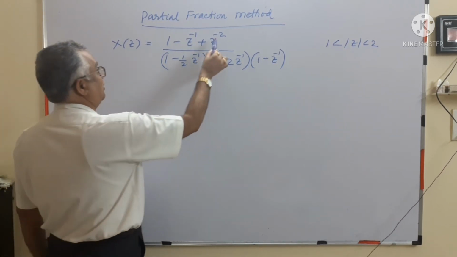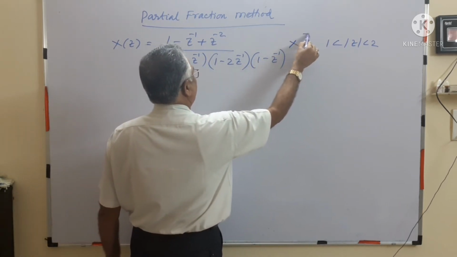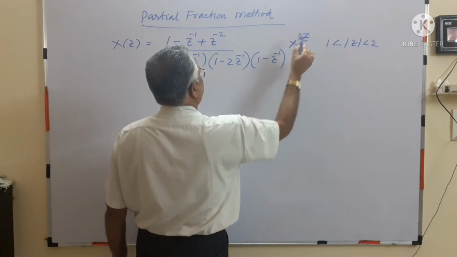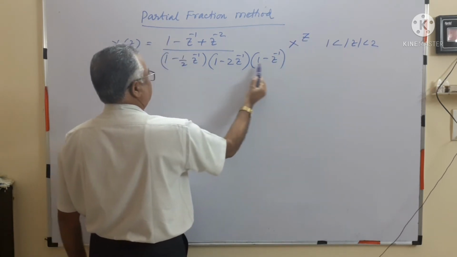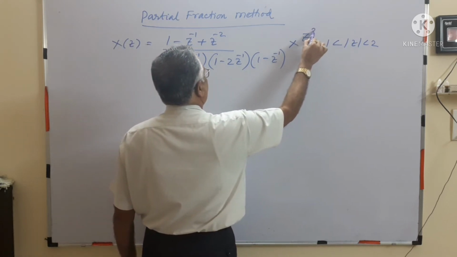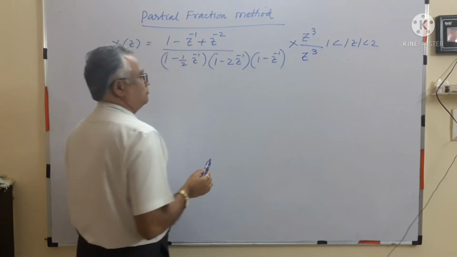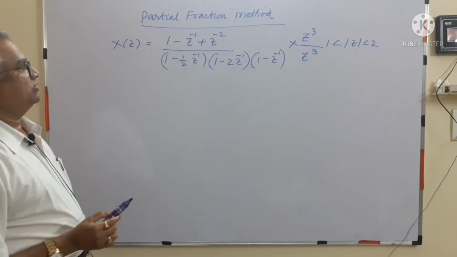So here z power minus 2. So the best way is to multiply with z power. Here the denominator power is minus 3. So multiply and divide with z power 3.